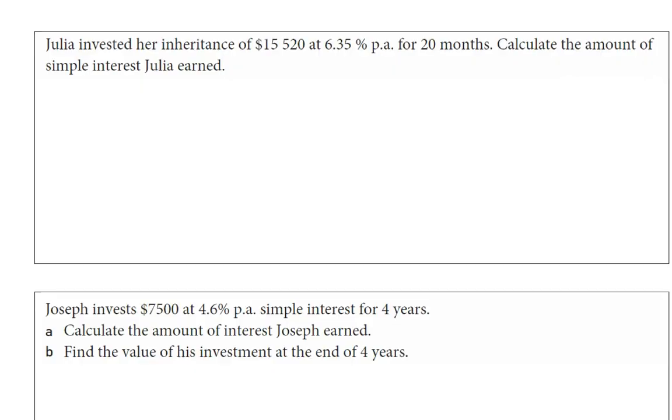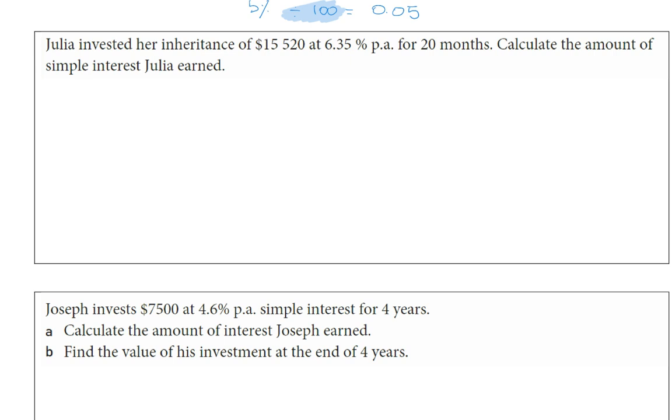So let's look at this first question. Julia invested her inheritance of $15,520 at 6.35% per annum for 20 months. We're going to calculate the amount of simple interest that she earned. Just as an example of how we would get a percentage into a decimal, 5% divided by 100 equals 0.05.